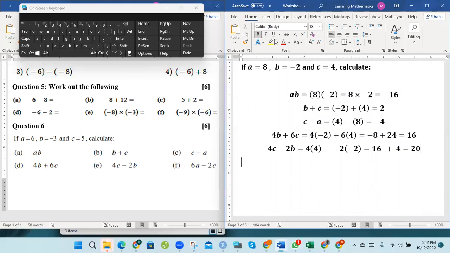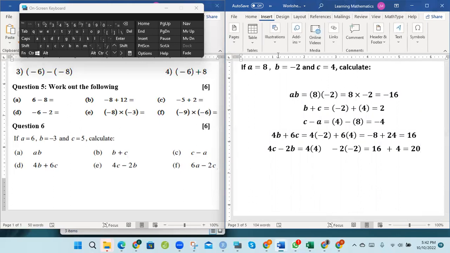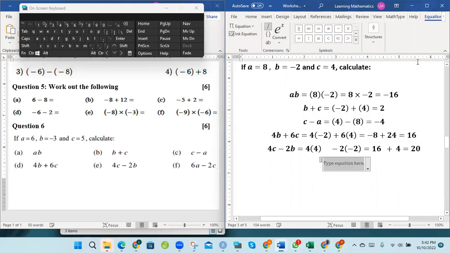And F now is actually 6a minus 2c. 6a, take away 2c. 6 bracket, take away 2 bracket. a is 8.